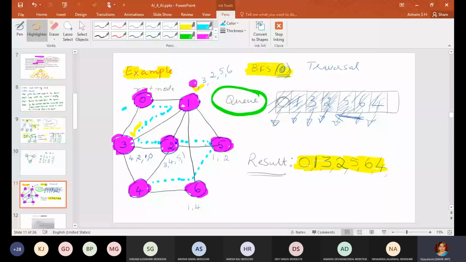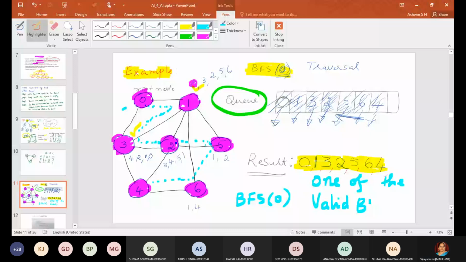One important thing: for BFS from 0, please note that this is not the only solution. This is one of the valid BFSs of 0, because while writing, after that, I have written 1 3, but some of you may write 3 1.